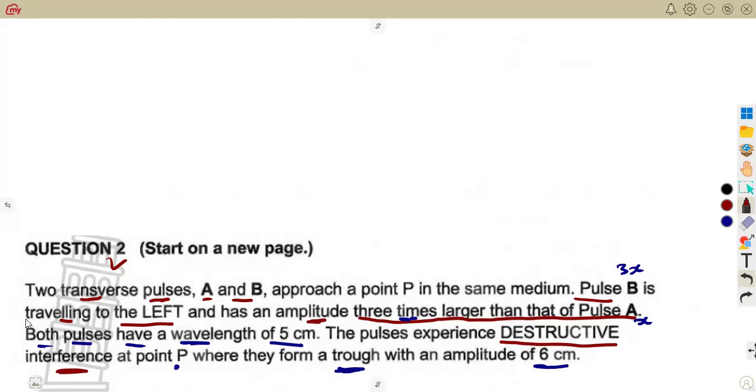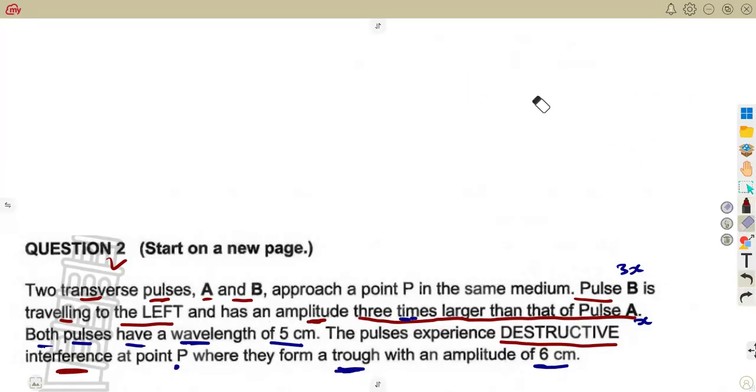It is a condition whereby you'll be joining a crest to a trough. So you're going to have a crest and a trough. It is different when you are working with a constructive, where you have a crest to a crest. This one is either a trough to a crest or a crest to a trough.